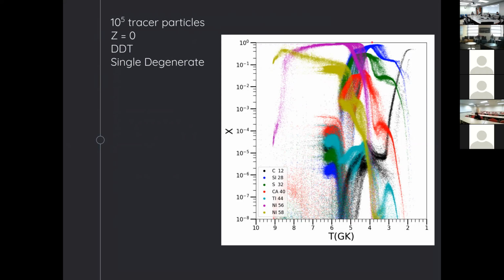We have up here silicon-28 and sulfur-32, and you can see quite clearly they are sort of bifurcated here. They have two pathways to the same abundances up here, and so we think that this is probably due to not only the temperature dependency, which is shown on this plot, but the density dependency as well.